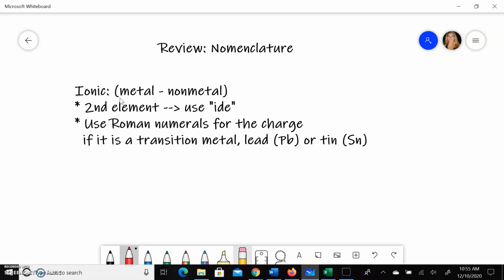If you forgot how to figure out the Roman numeral, what you can do is use this equation where you have blank x plus blank parentheses equals 0. So the charge is going to add up to 0, the net charge. So for example, if we have Fe2O3, these are going to add up to 0. The blanks are the numbers in the formula.